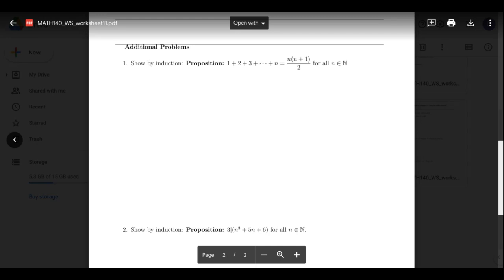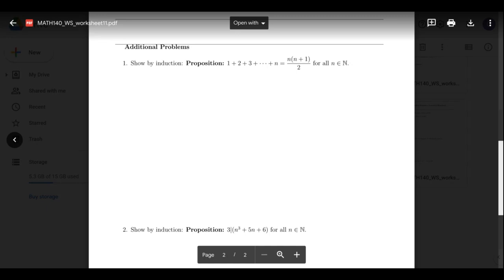P of n is this: 2 to the power 0, 2 to the first power, and so on and so forth to 2 to the n minus 1 power, equals 2 raised to n minus 1.